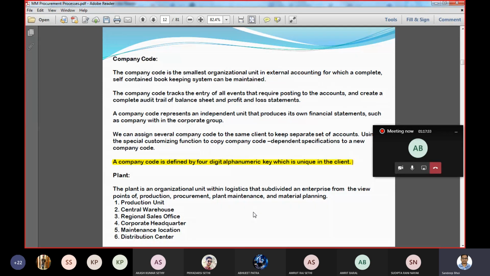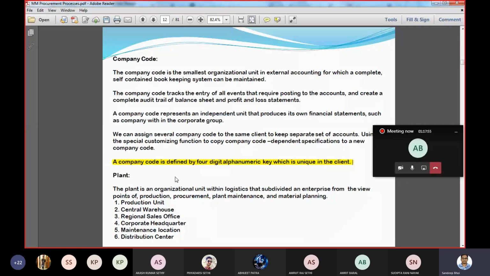That is unique within a client, because under one client there are different companies. So each individual company code will be unique within the client. That is what you need to understand.